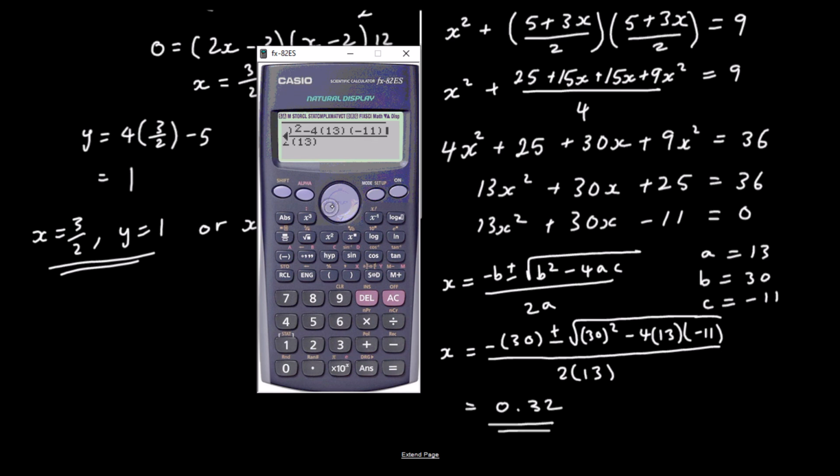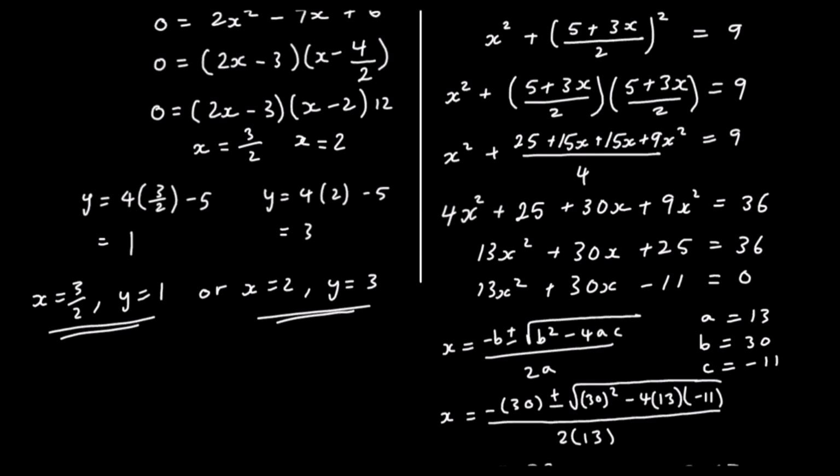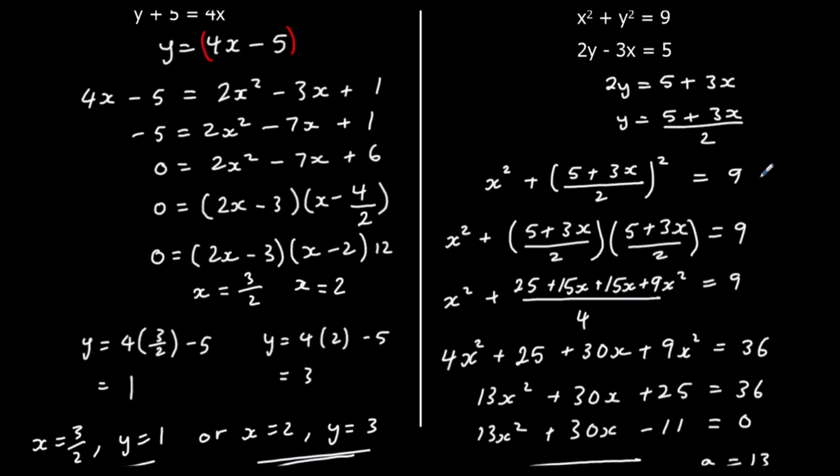And I'm going to change the plus to a minus and get the second answer, which is negative 2.63. And we need to find our y values. To find them, it's going to be 5 plus 3x over 2.